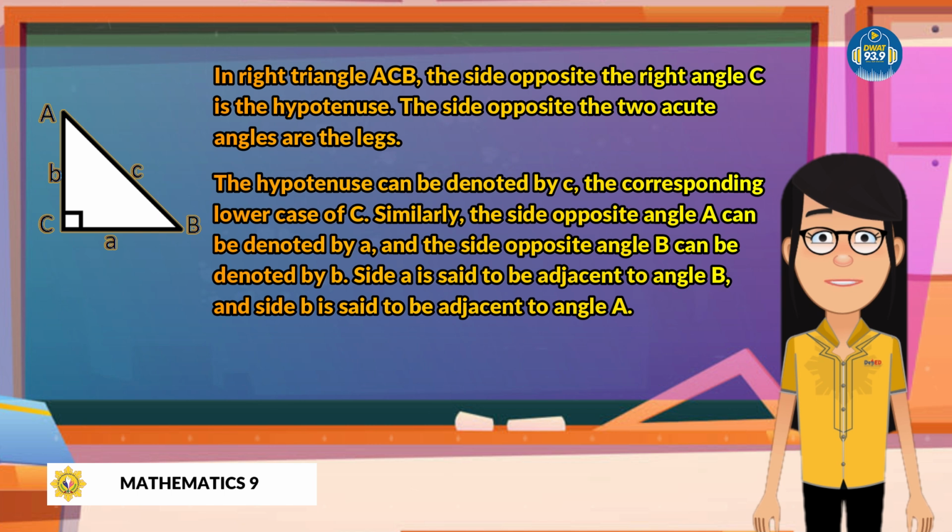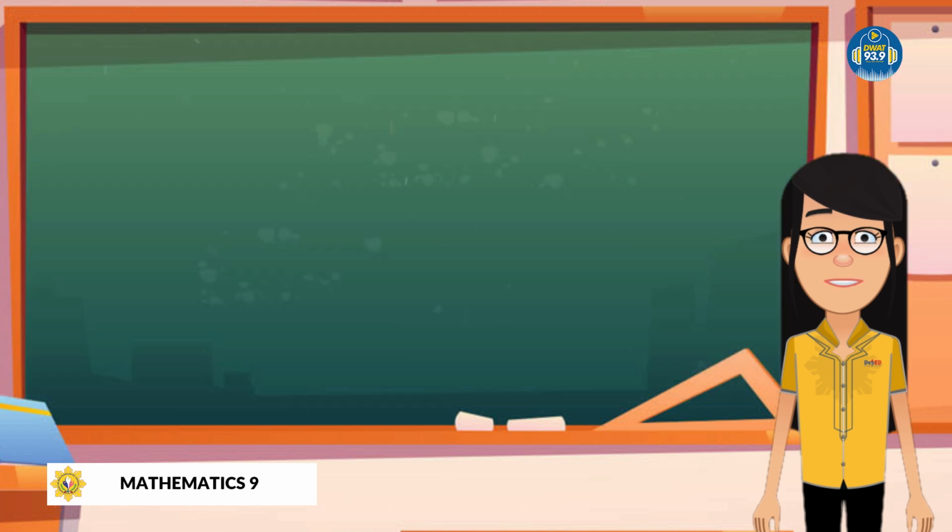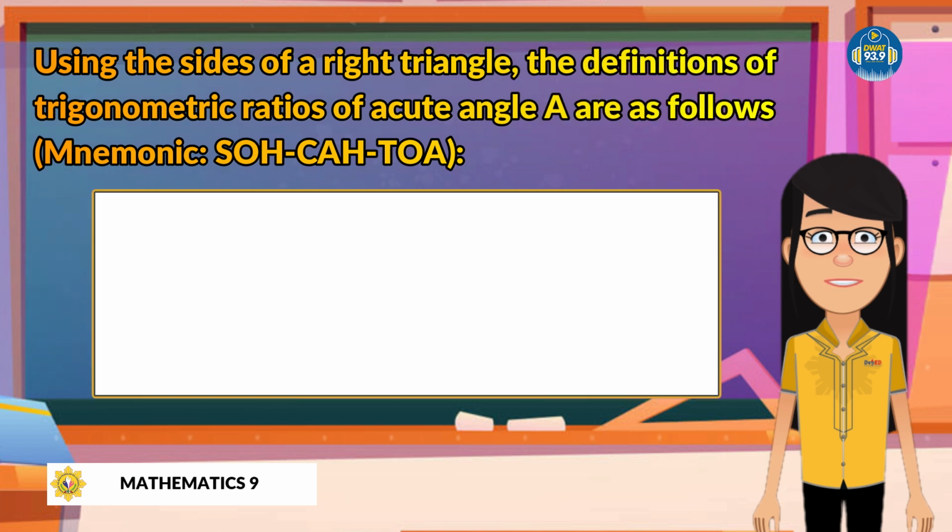Side a is said to be adjacent to angle B, and side b is said to be adjacent to angle A.